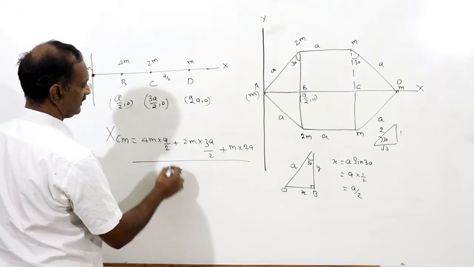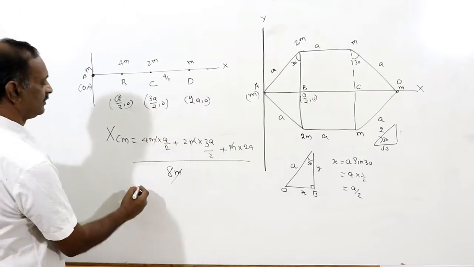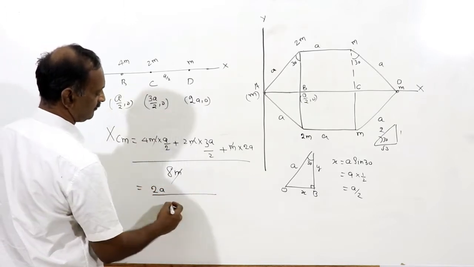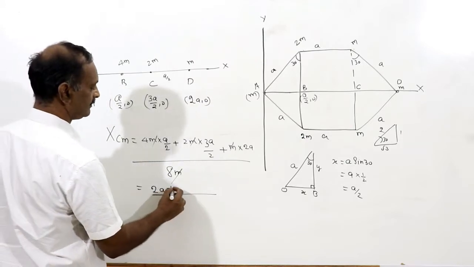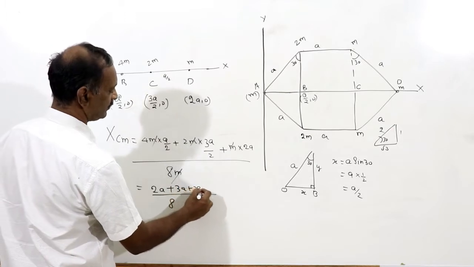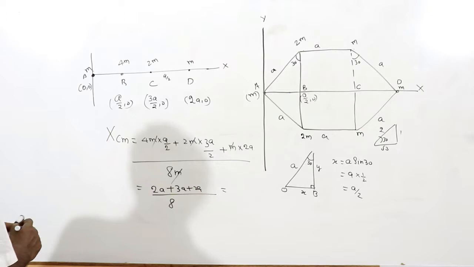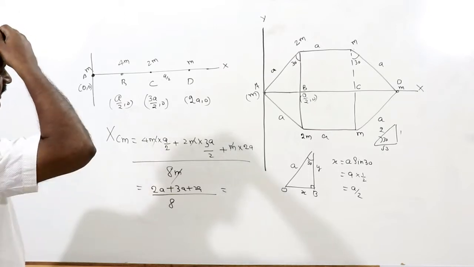We can cancel. So 4m by a by 2, 2m by 3a by 2, m by 2a, m into 2a.